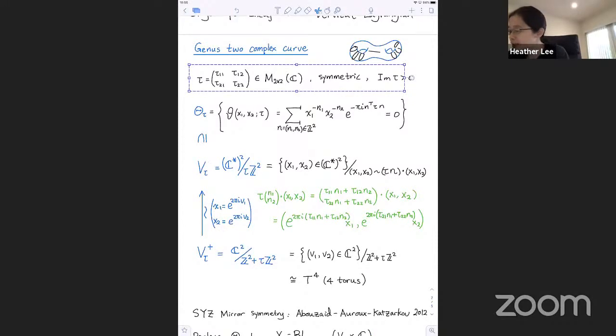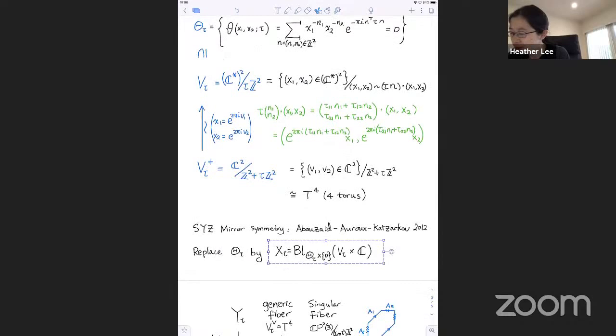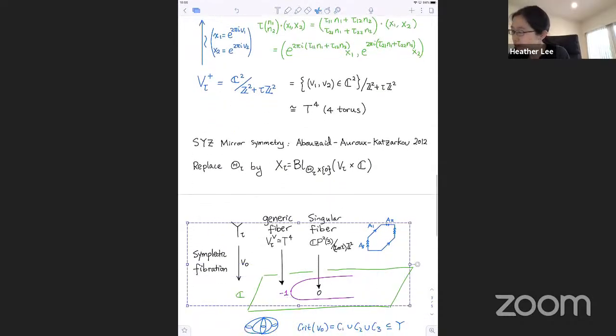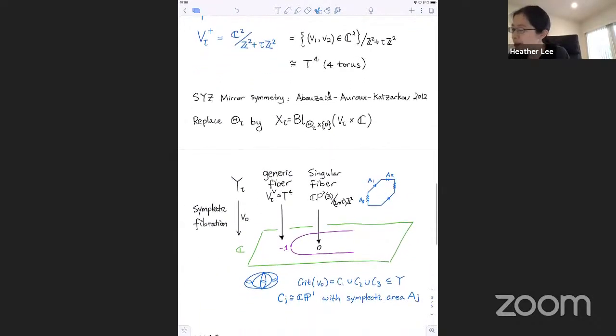And if we work out this construction from here to here, we'll see that this tau actually determines the symplectic areas of these three P1s. So in Catherine's thesis, her tau corresponds to all three areas being 1.